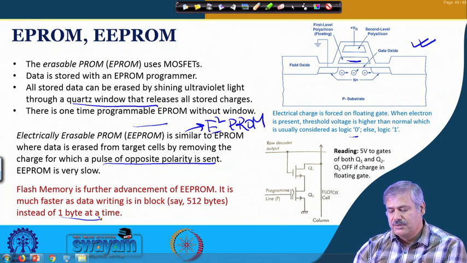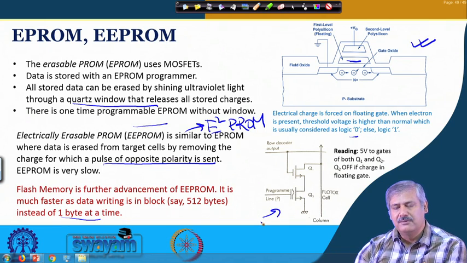Here is just one memory cell example. During programming, as I said, a pulse of relatively higher magnitude is sent, and the charge is stored in the floating gate whenever we require it. During the reading process, both of them get 5 volt.